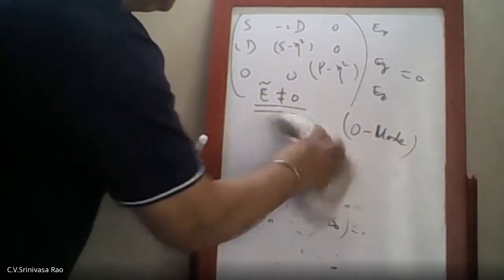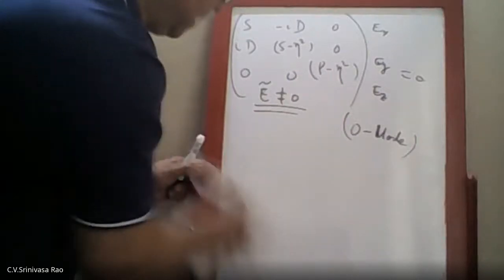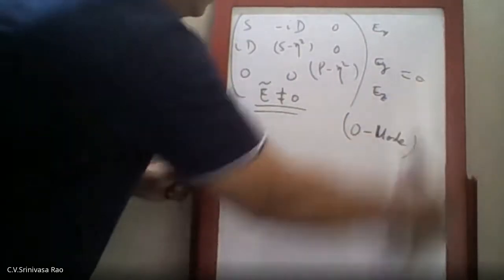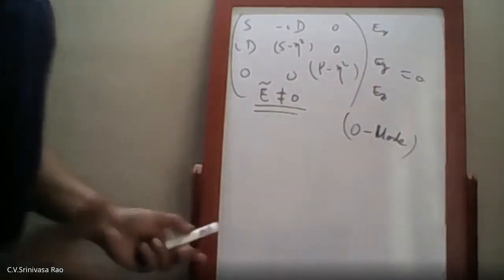So it's called ordinary because there is no influence of the external magnetic field on the wave propagation. So it will propagate as if B0 is 0.